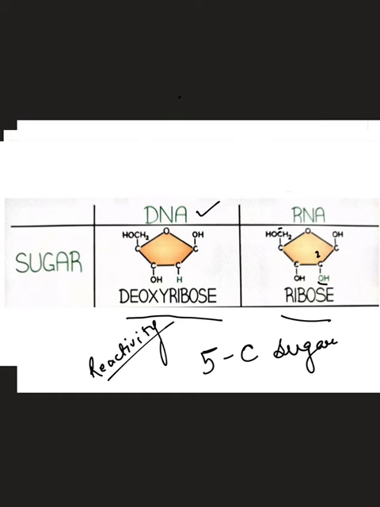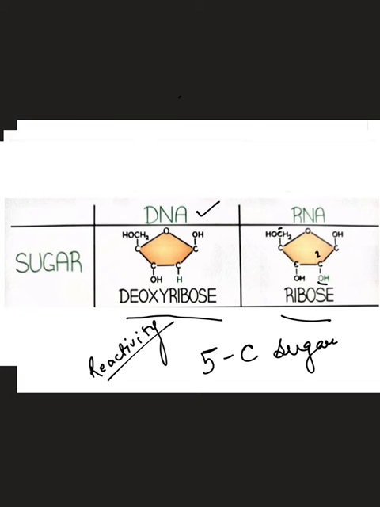This property is useful for a molecule which has the task of keeping genetic information safe. RNA, containing a ribose sugar, is more reactive than DNA and is not stable in alkaline conditions. So that's why DNA is preferred for genetic transfer of information, as it is more stable to carry the information.